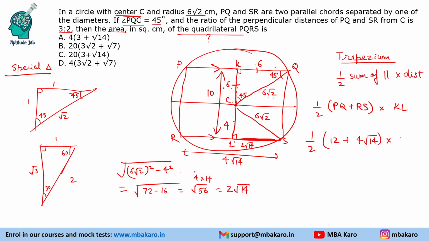KL is 10. Now we can take out 4 common from it. So it becomes 4 into half into 10, it becomes 3 plus √14, which is 2 into 10, 20 times of 3 plus √14. So that is the area of this quadrilateral.